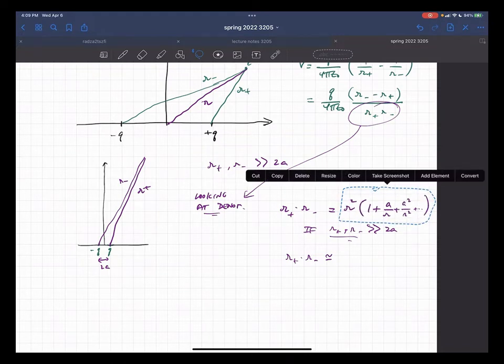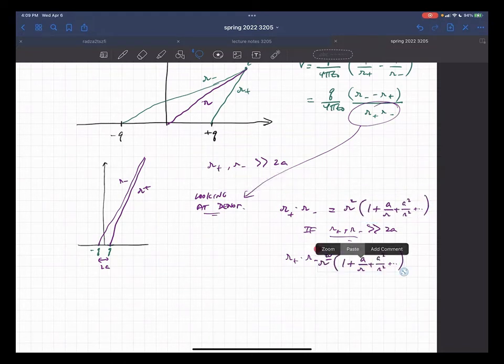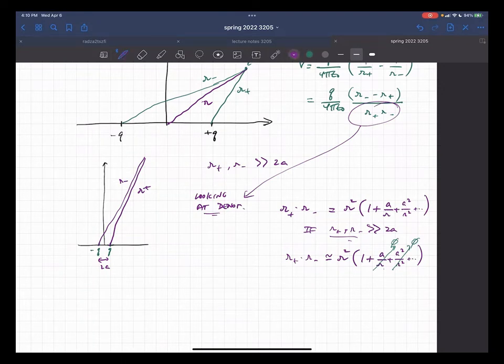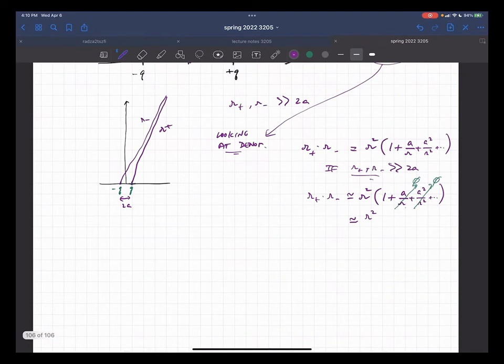Basically what happens is, if that's the case, then notice that these terms basically go away, because we're saying a is much smaller than r. So these terms would all be approximately 0, so we would get approximately r squared in the denominator. Okay, so now let's see what happens in the numerator.